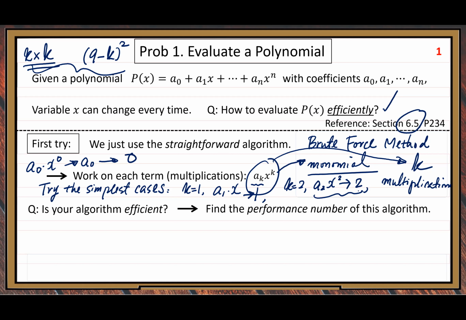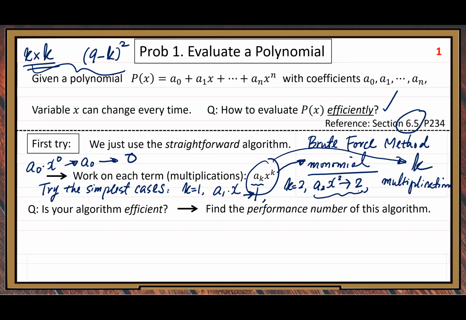Find the performance measure. When you say fast, slow, actually you need a performance measure, right? You need to define some specific measure to measure performance. How fast, how slow? You need some measure. The question is, what is a good measure?